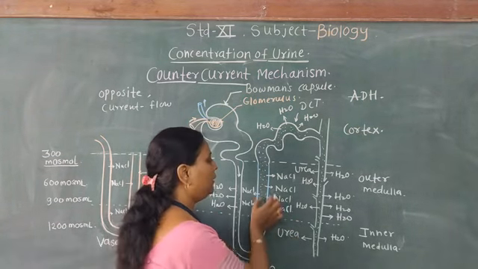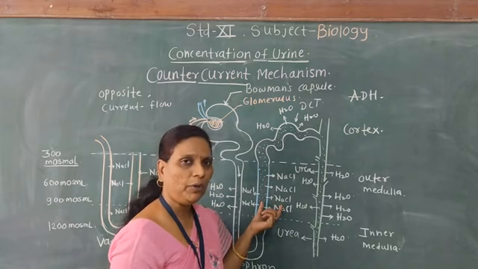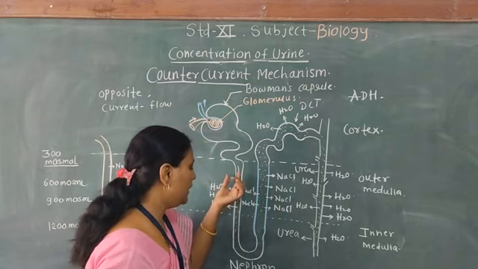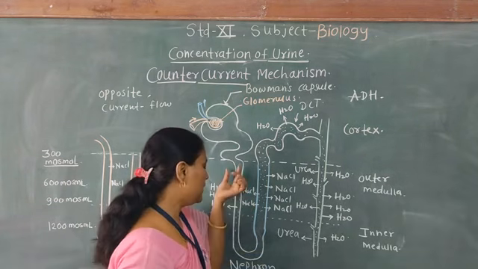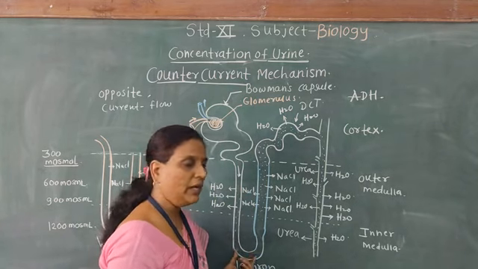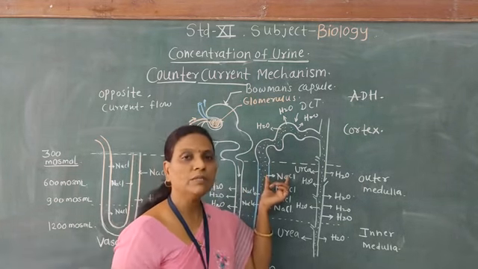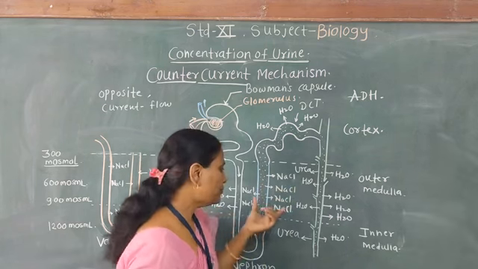So the filtrate becomes hypertonic in the descending limb, while in the ascending limb it becomes hypotonic.